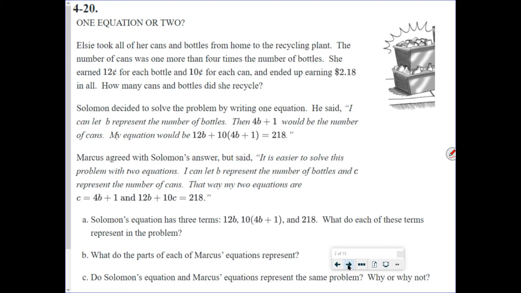Okay, so what I want you to do is write down both of these equations. Question A says, Solomon's equation has three terms: 12B, 10 times 4B plus 1, and 218. What do each of these terms represent in the problem?